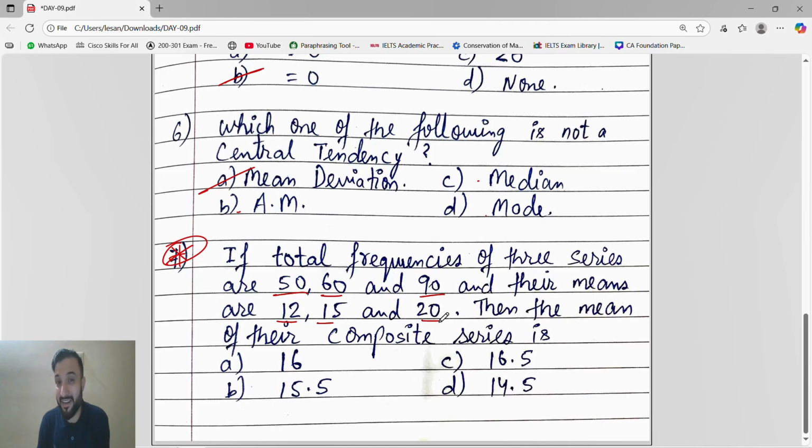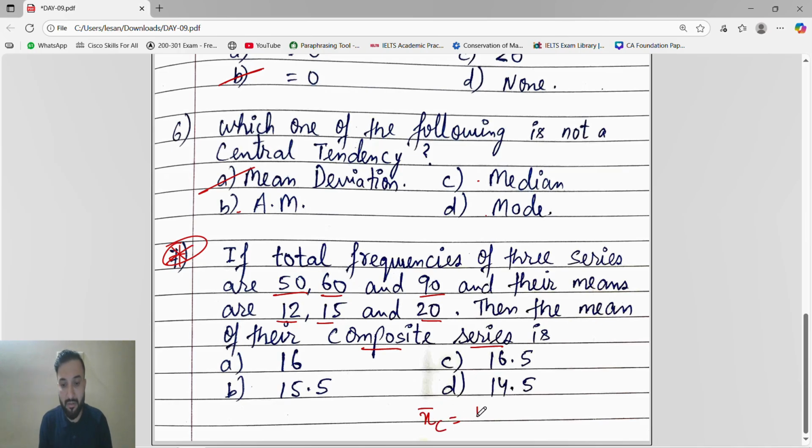This is the important and tricky question. Then they ask for the mean of their composite series. Composite means combined, so we have to find the combined arithmetic mean. We know the formula.